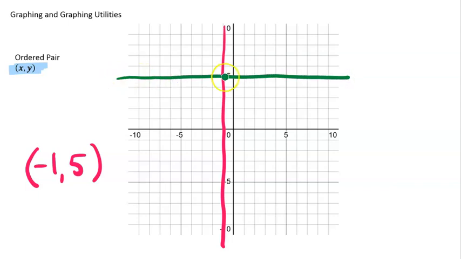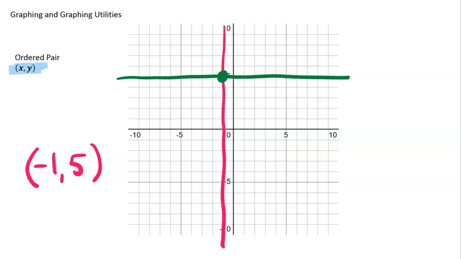But where they intersect is actually your point. So this vertical and horizontal line you will not draw. But this is the location. So where x is -1 and y is 5, and that's your point. And I imagine you're probably pretty comfortable with this idea already, but just hold that thought.